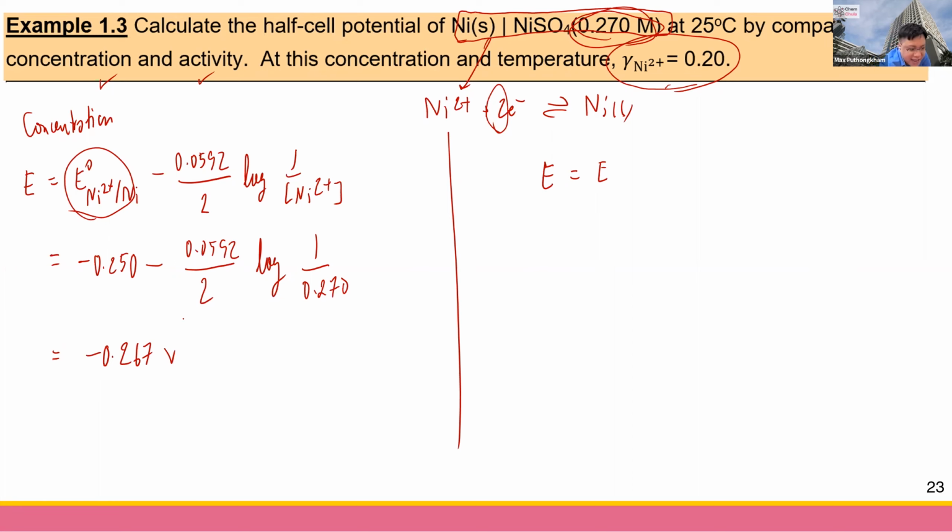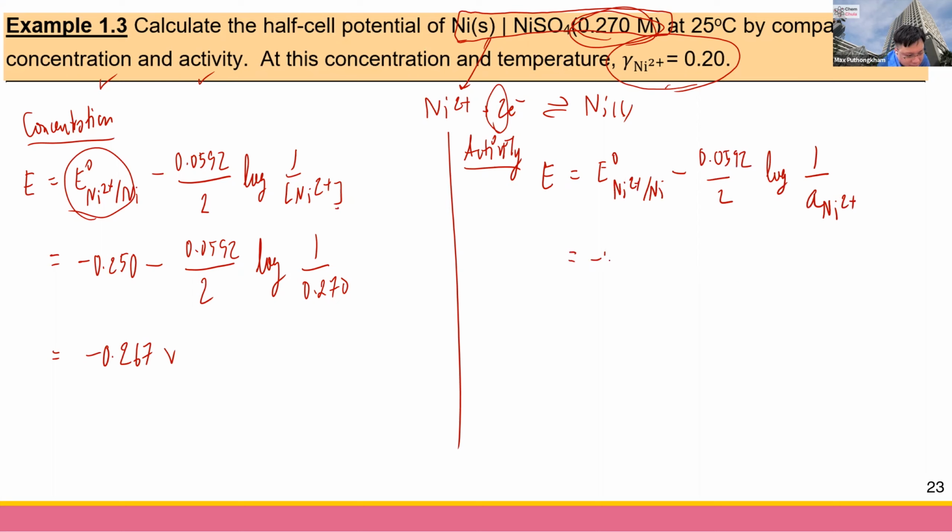But if you use the activity, the Nernst equation is the same thing, except you change the concentration to activity. So this is going to be the standard electrode potential minus 0.0592 over 2 log 1 over the activity of nickel 2 plus. And activity is equal to the coefficient multiplied by the concentration.